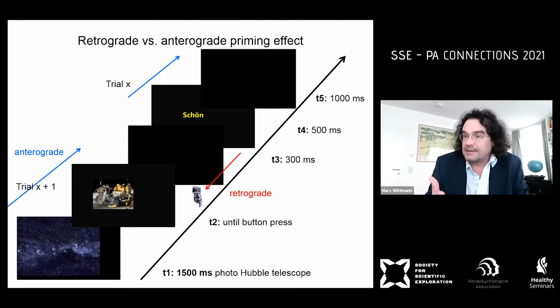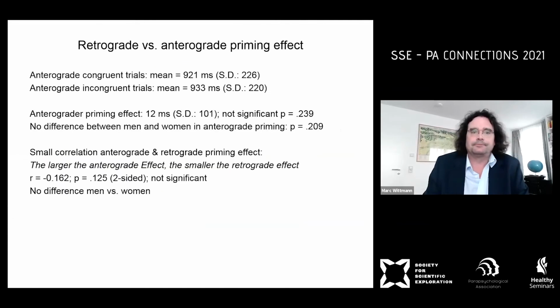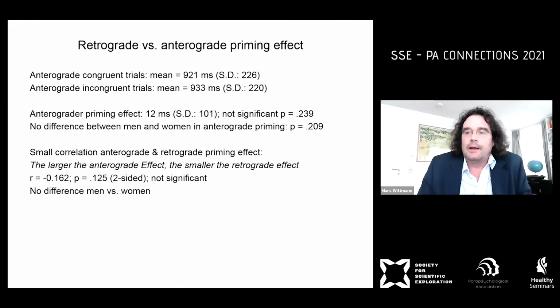So this would be a classic anterograde effect, and we looked also for this effect. So at anterograde, the classic effect, on congruent trials and on incongruent trials, the difference between these two groups of reaction times was 12 milliseconds, which was not significant. And there was also no difference between men and women in this anterograde priming effect.